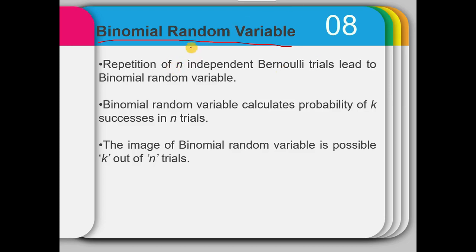In a binomial random variable we have a repetition of n independent Bernoulli trials. So I have a Bernoulli trial, which means the experiment will be something of the sort of heads or tails, or generally speaking, an experiment with outcomes of success or failure.